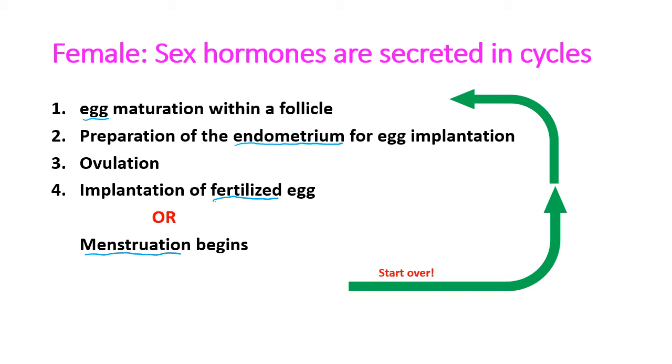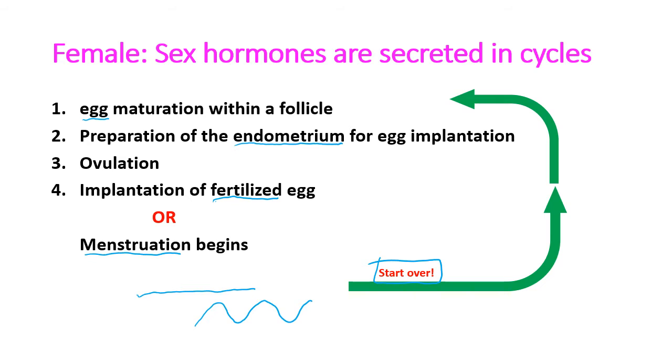As the hormones are changing, if we had the same hormone level all the time and just constant egg production, we wouldn't have the ability to alter things when pregnancy occurs. So we need to be able to start the process over and bring us back to the very beginning every single cycle.